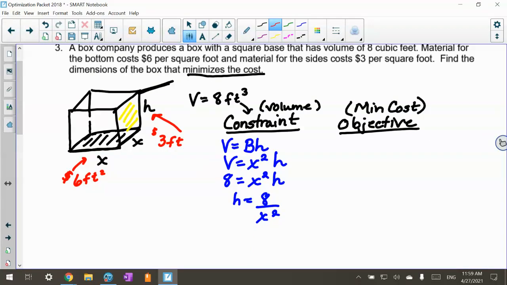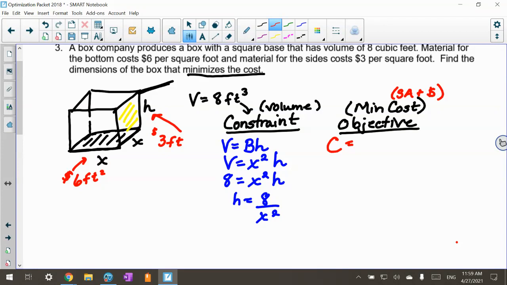Now, my objective is I want to minimize the cost. Well, a cost equation is basically, if you're talking about the material of the box, you're talking about the surface area of the box with money. That's what the cost is because you're looking at whatever the box is made out of. And it looks like the base is a little bit more substantial because it costs more for the base than it does the sides.